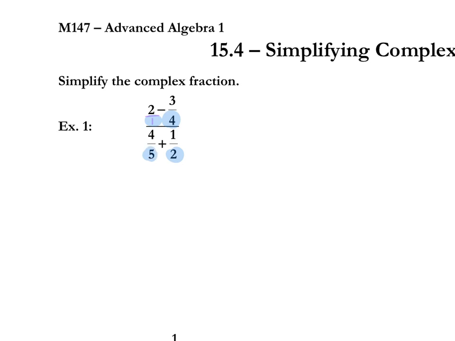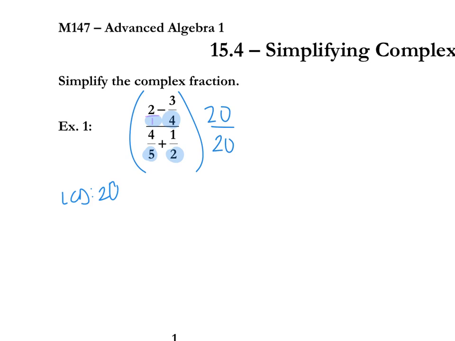Okay, so the LCD of 1, 2, 4, and 20 is going to be 20. Once you find the LCD of all the terms, you are going to multiply everything by that LCD. So you're going to multiply the top by 20 and you're going to multiply the denominator by 20.